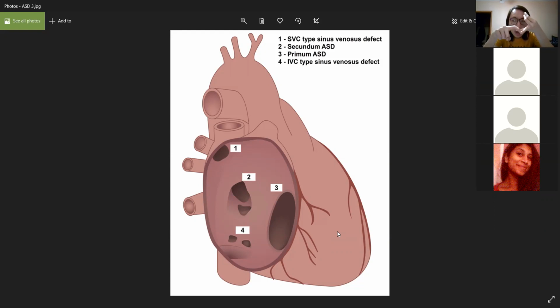Another name is partial AV canal. Another name is AVSD, atrioventricular septal defect, with communication on atrial level.